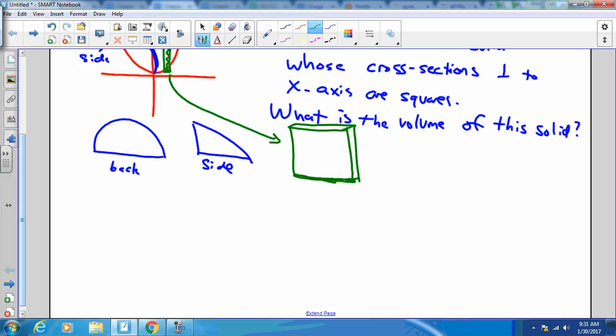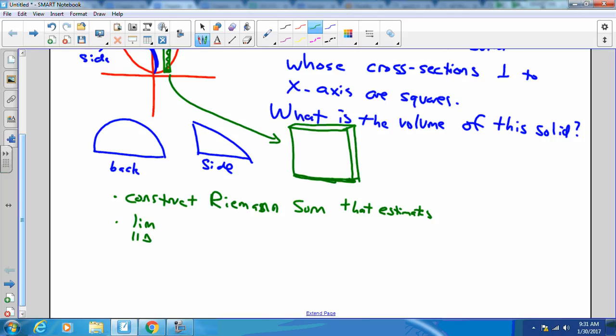Now our basic plan for finding these volumes is to construct a Riemann sum that estimates the volume, and then we're going to take the limit as the width of our partition goes to 0 so that we get a definite integral.